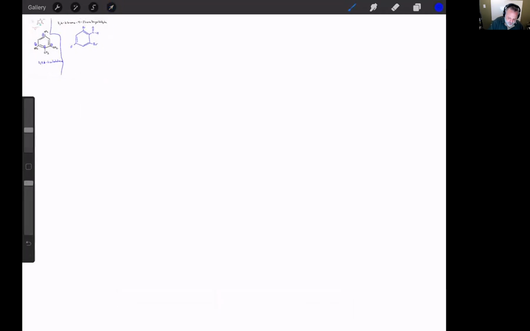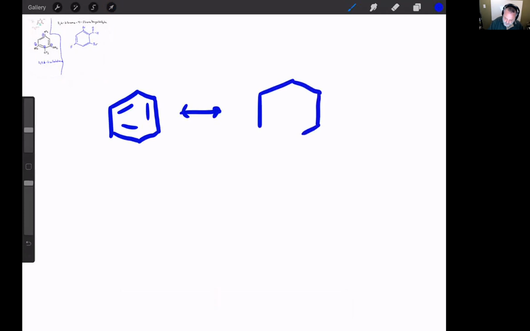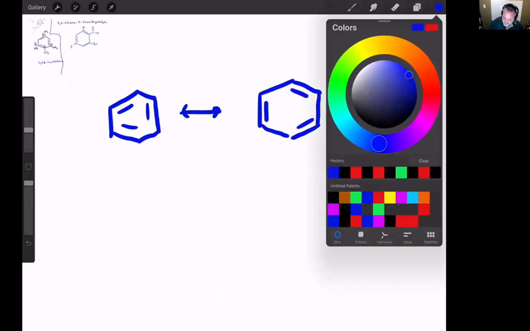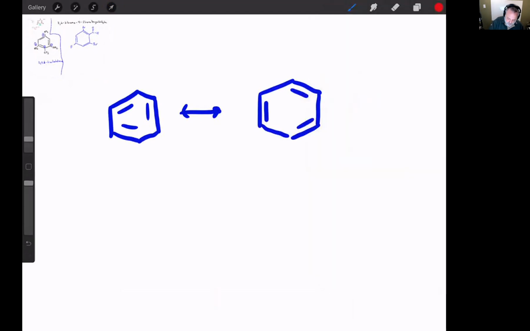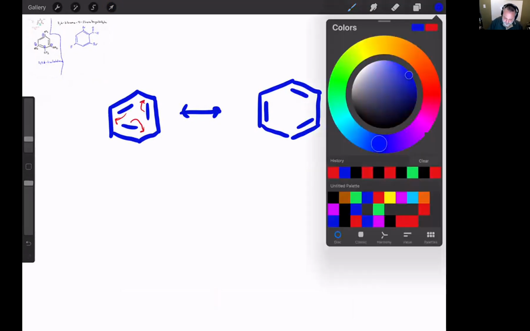Okay, recall that benzene actually exists in 2 different resonance forms. And we can even use a mechanism to show the movement of the electrons from one resonance structure to another.